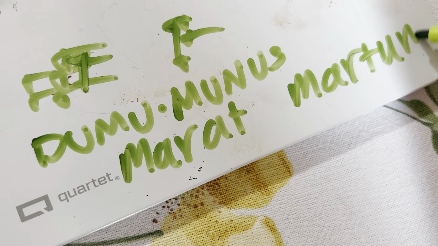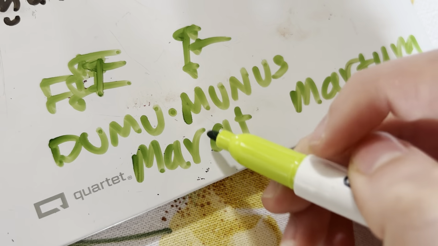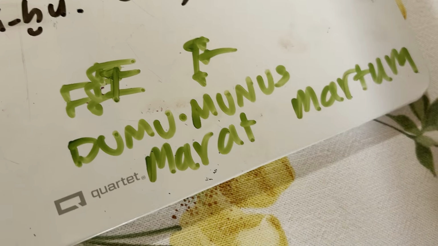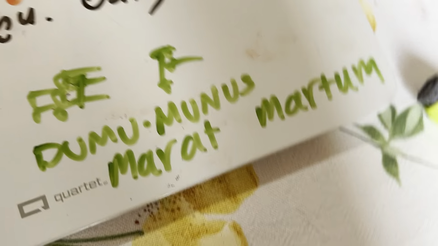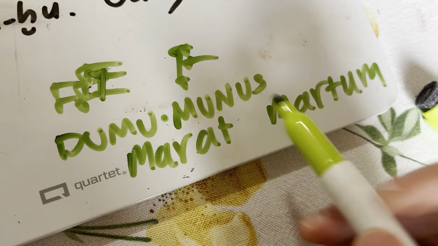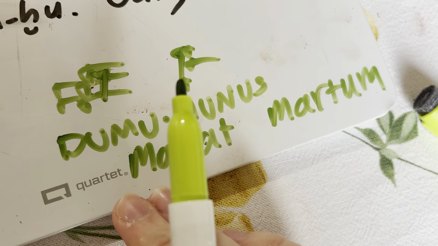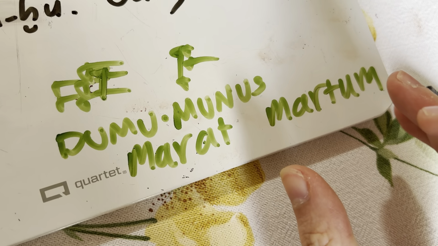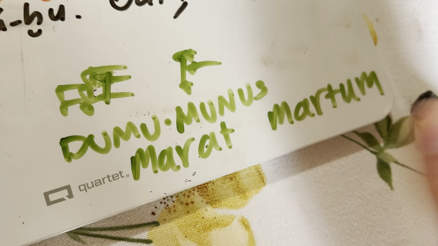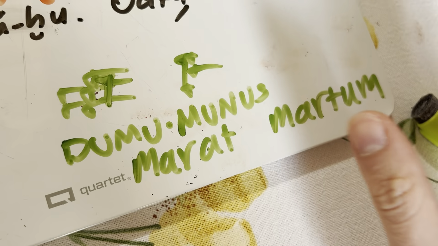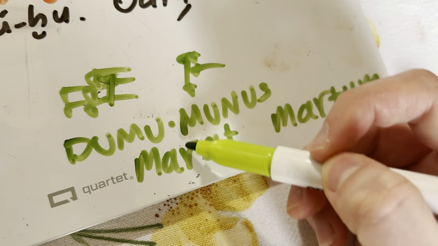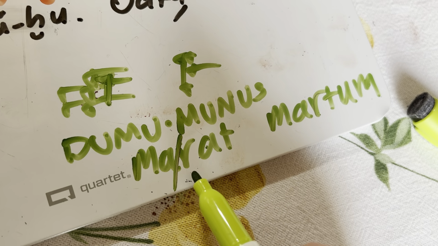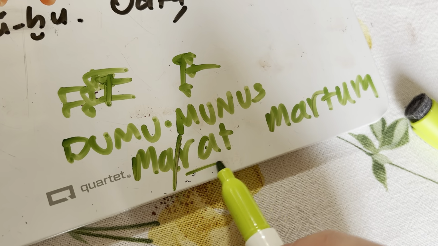martum. The reason that the A drops out is because of the vowel syncope thing. Again, this is like my revision in a way. So Akkadian doesn't like to have two short syllables next to each other. So in marat, it's ma and rat, so that's a short and a longer one.